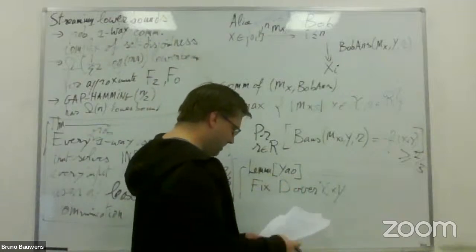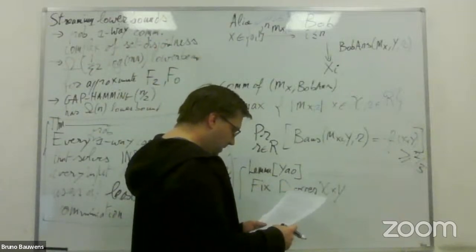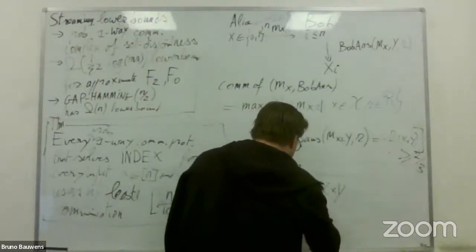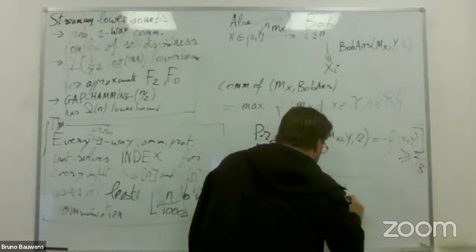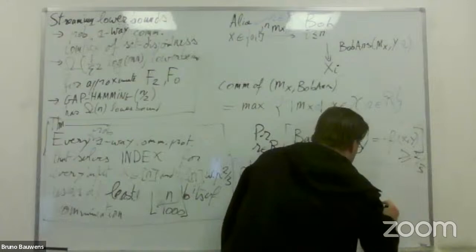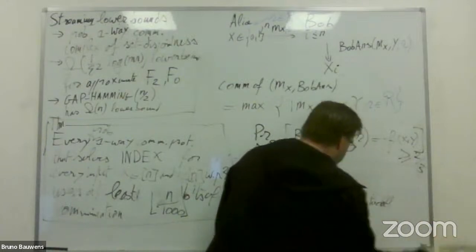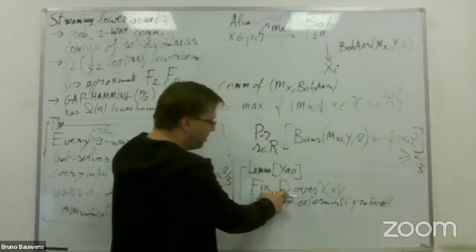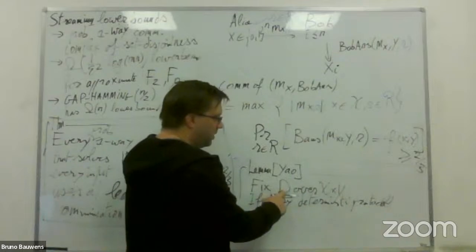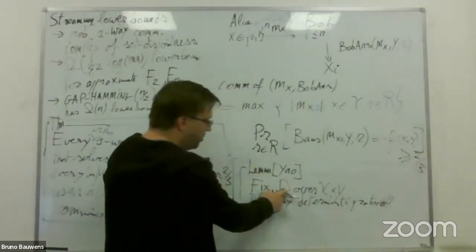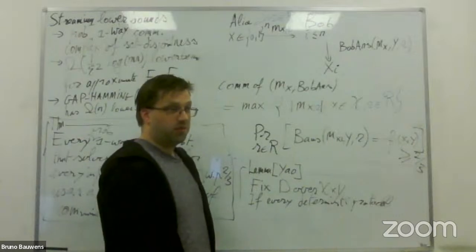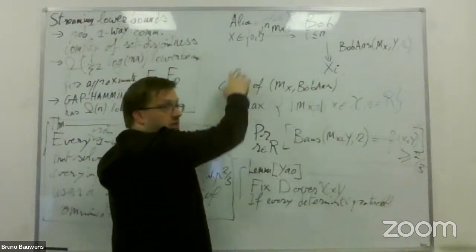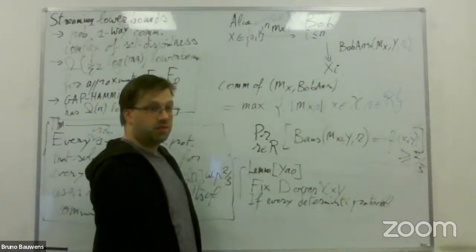So fix D over pairs xy. If every deterministic protocol, of course I mean one-way protocol, is doing badly on average over these inputs, so every protocol that does well on average over the inputs needs at least k bits of information, then every probabilistic protocol in this definition also uses at least k bits of information.